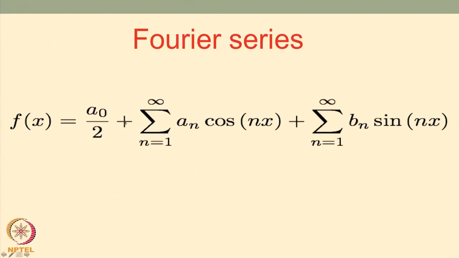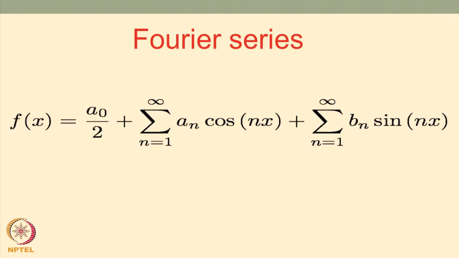This can be written as a0 by 2, which is a constant, plus the sum over n of an cos nx, plus the sum over n of bn sin nx. This is the series, and let me explain it.